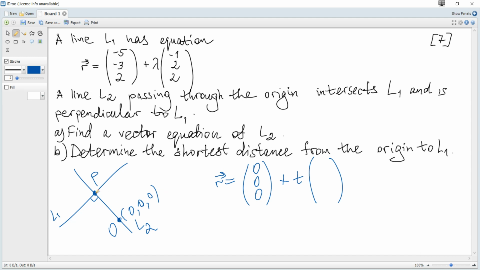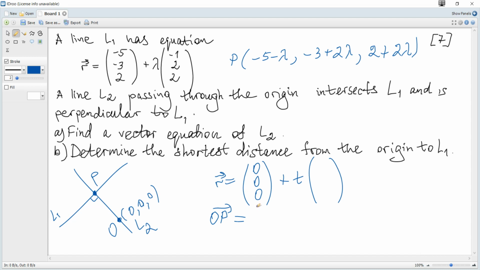We can see that point P, as any point on the line L1, has coordinates -5 minus lambda, -3 plus 2 lambda, and 2 plus 2 lambda, and we can set a vector OP. Coordinates of any vector are equal to coordinates of the endpoint minus coordinates of the starting point.